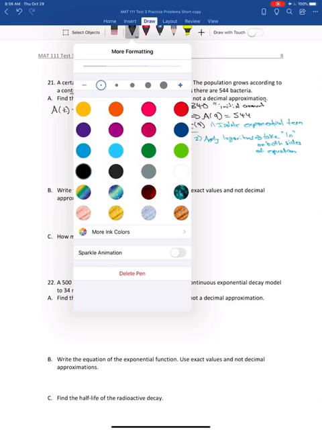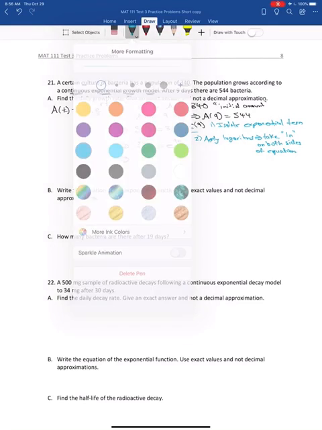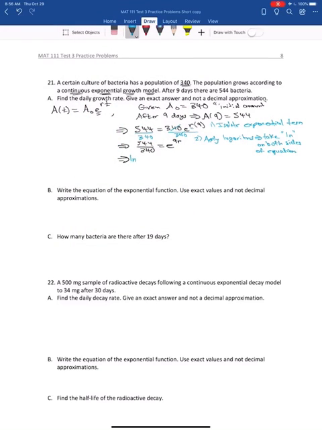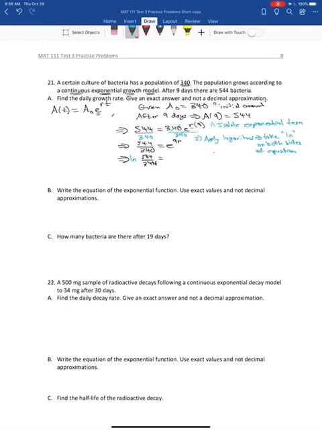So as we do that, we've got the natural log of 544 over 340 equal to log base e of e to the 9r. Remember, ln is the abbreviation for log base e.